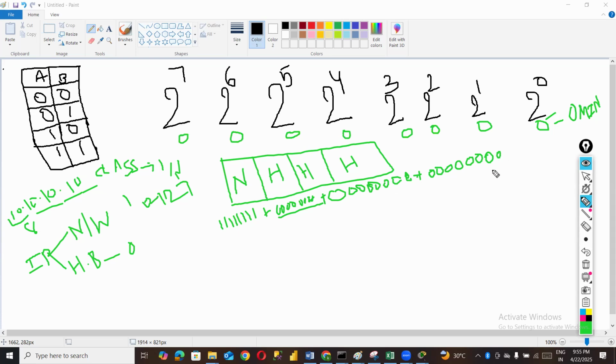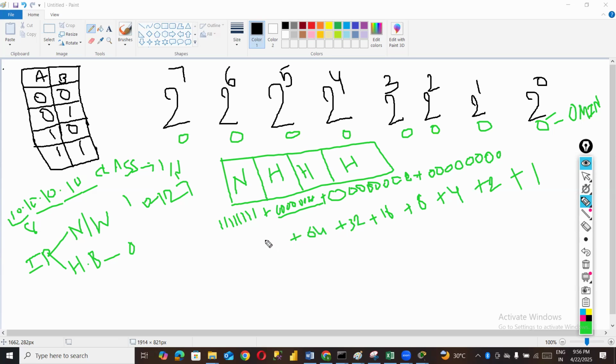So what is the maximum value? We need the powers of 2: 2 power 0 is 1, 2 power 1 is 2, 2 power 2 is 4, similarly 8, 16, 32, 64, 128.